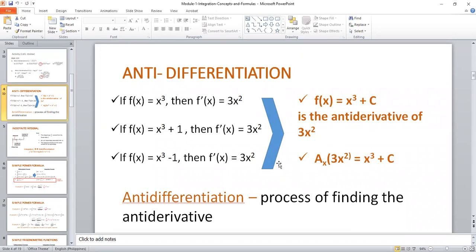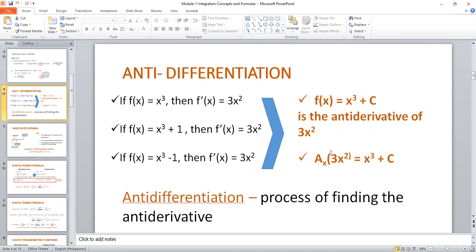So we say that this function of x, which is x cubed plus c, is an antiderivative of this 3x squared. So meaning later, if you get the integral of this 3x squared, you will learn later in a few minutes, the answer will be x cubed plus c. The c will depend on the limit of your integration.